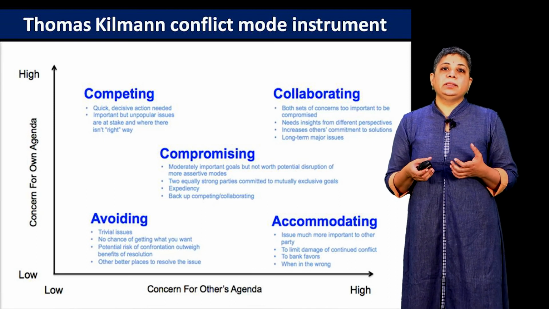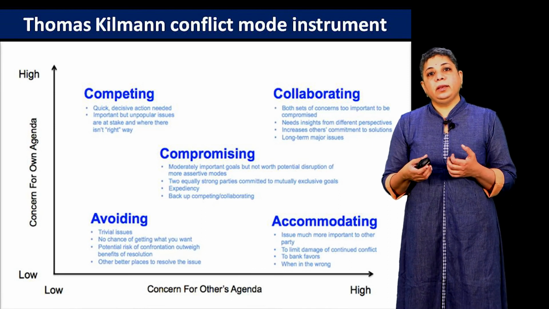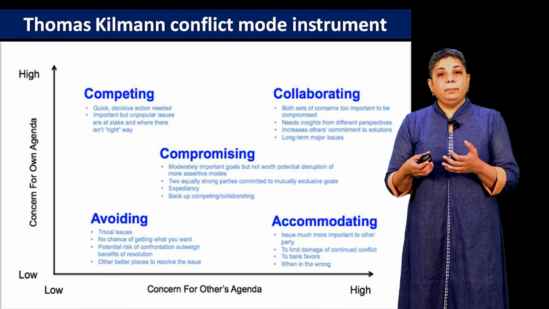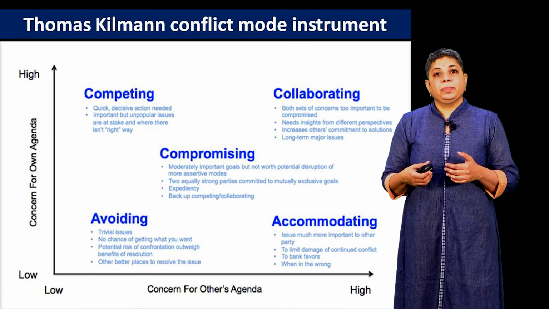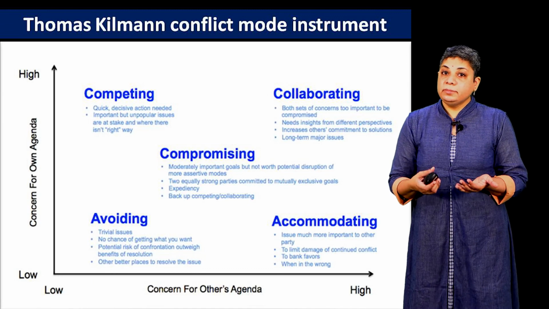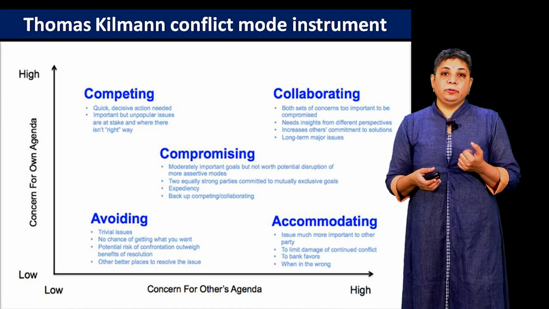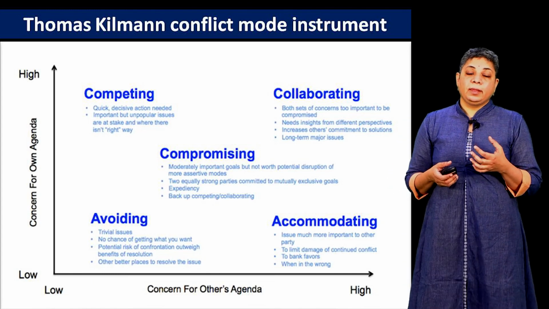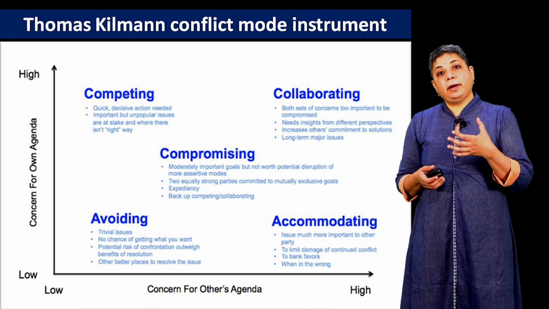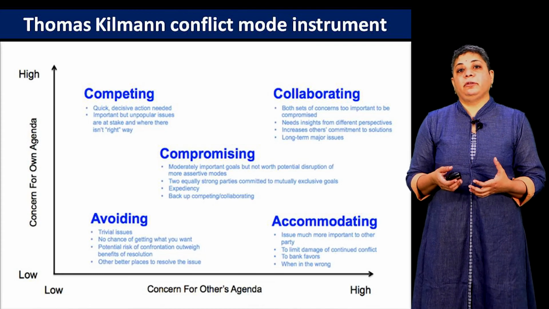Somewhere in between all this is compromise, where you draw a middle ground between your own agenda and the other person's or the other team's agenda. So that's how this instrument is useful for us to determine where a person stands and why in a situation of conflict.